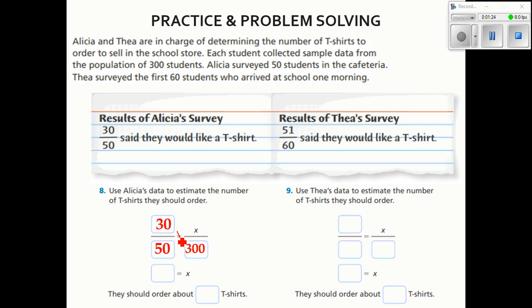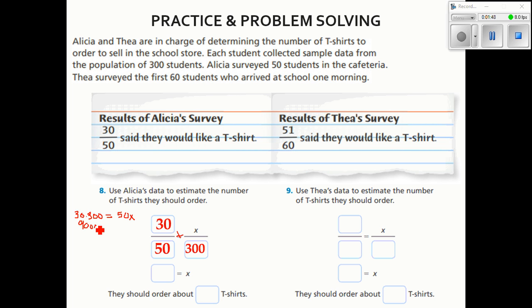We're going to multiply 30 times 300, and that has to be equal to 50 times x. Now this is going to be 9,000, because 3 times 3 is 9, and then 3 zeros.